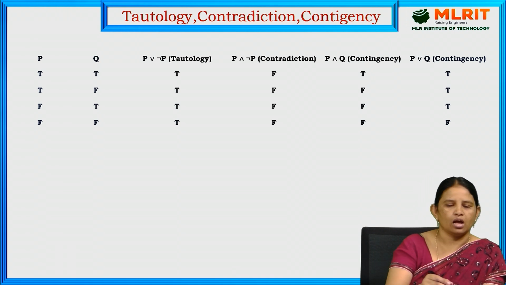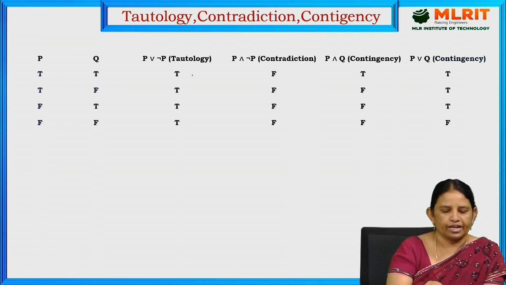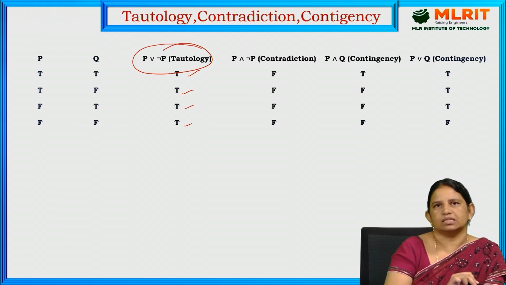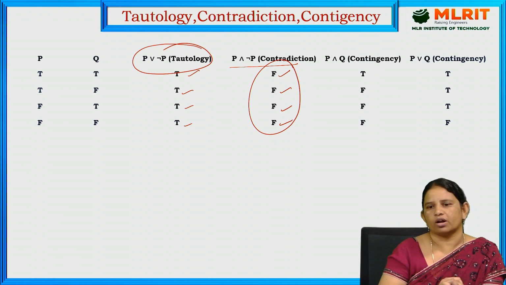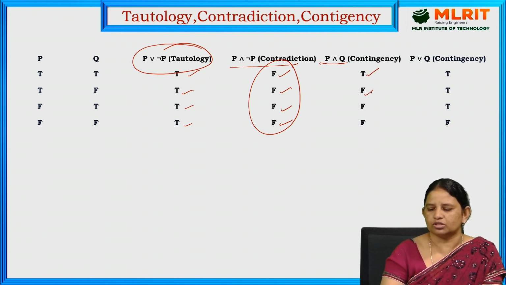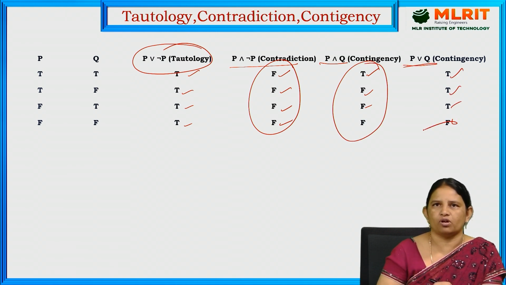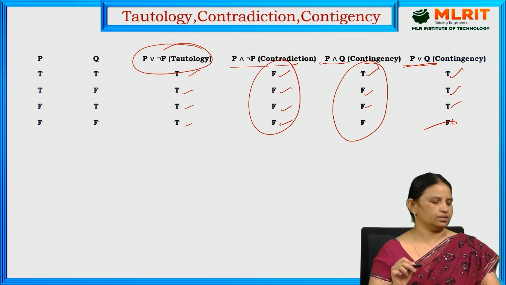Here P or negation P returns a true value, so it is a tautology. P and negation P consists of all values false, it is a contradiction. P and Q, some values are true, some values are false, it is a contingency. P or Q, some values are true, some values are false, it is a contingency.